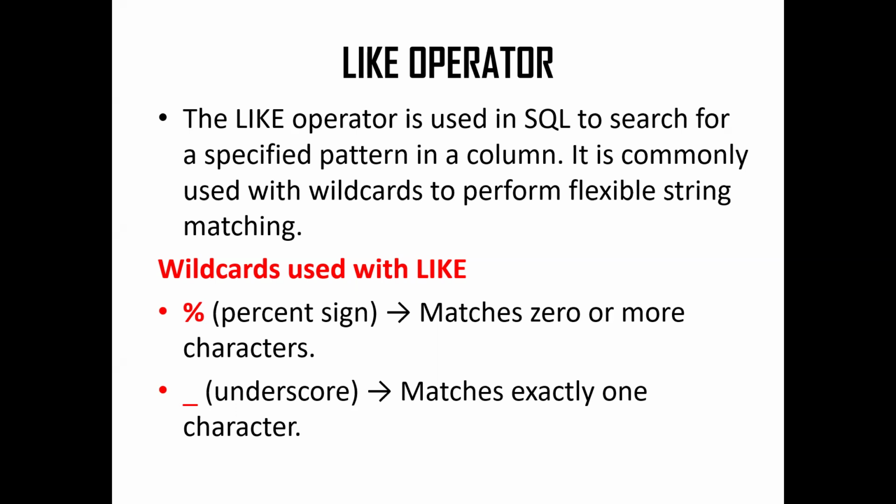What does it do? Why are we looking at it at this very moment? The like operator is used in SQL to search for a specified pattern in a column. It is commonly used with wildcards to perform flexible string matching.